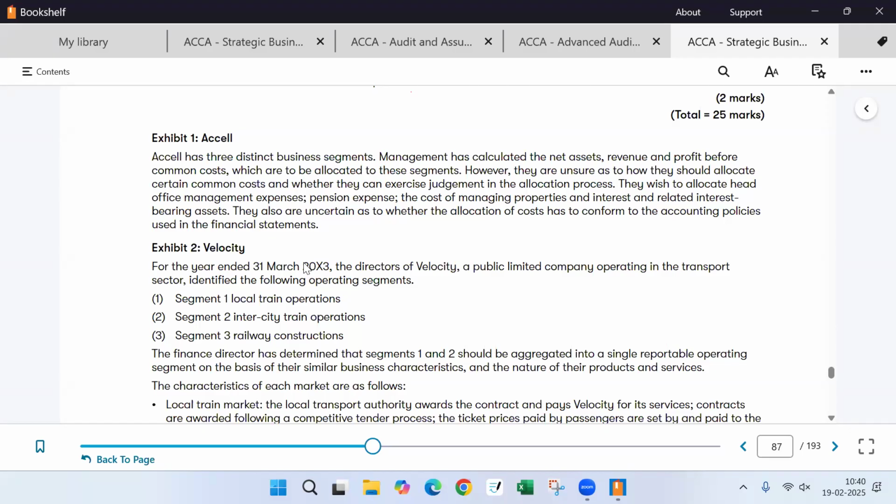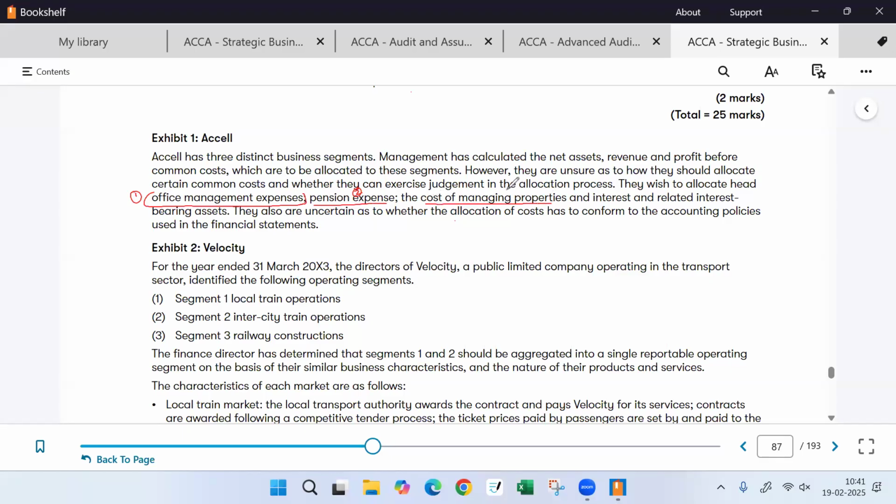Yes, the simple answer is they don't know how to allocate the common cost. Now, what are the common costs that we have identified? The common costs which they don't know how to allocate are, first and foremost, head office management expense. Second, pension expense.